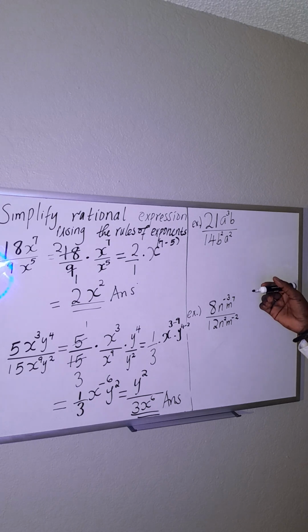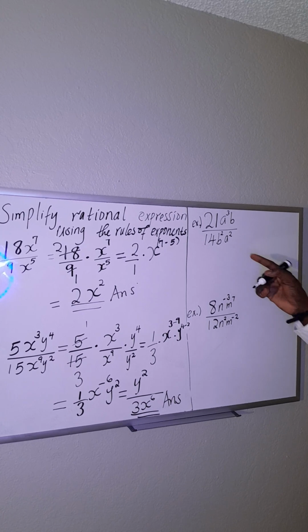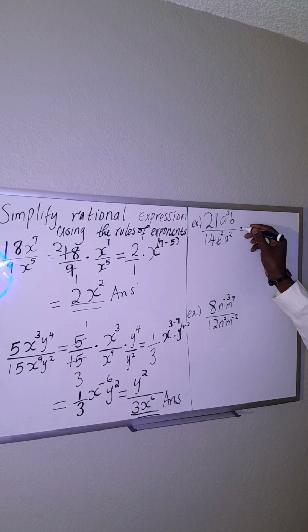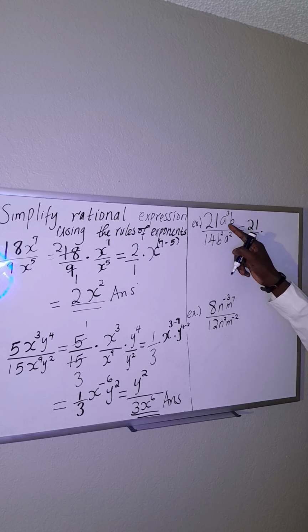When I'm solving the third question, I want you to notice that we are again splitting. So it is equal to 21 out of 14, times b out of b squared, times a raised to the power of 3 out of a squared. Because I am multiplying and they are not arranged in order, I simply reshuffle them.